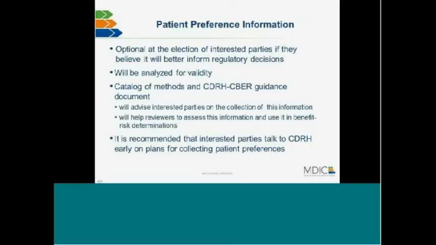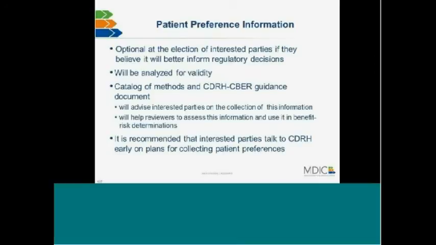Finally, or not finally, but importantly, patient preference information submission to the FDA is optional at the election of the interested parties, and they should submit it if they believe it can enhance their submission and if it can better inform regulatory decisions. It will be analyzed for validity.